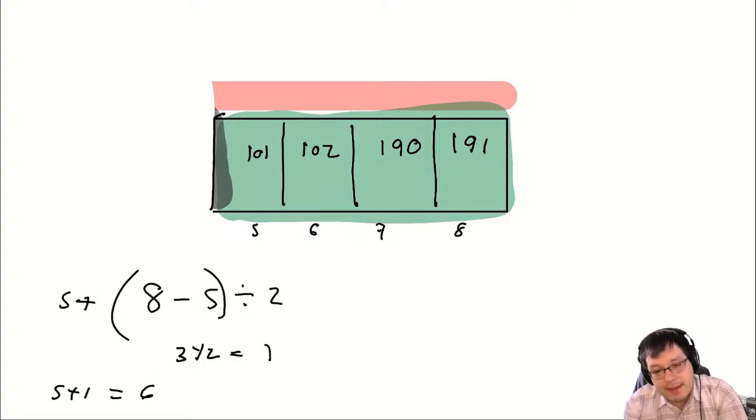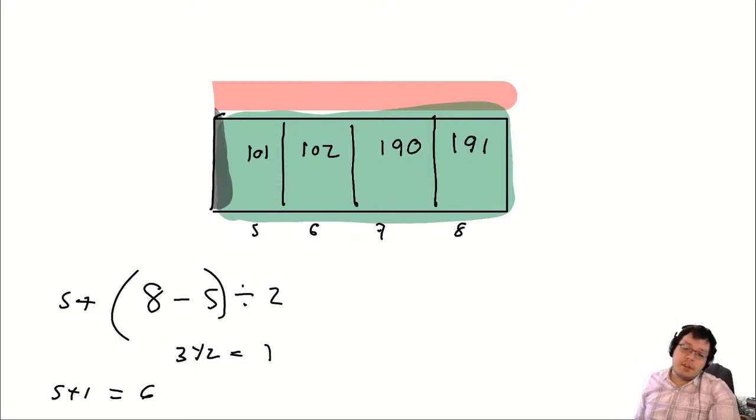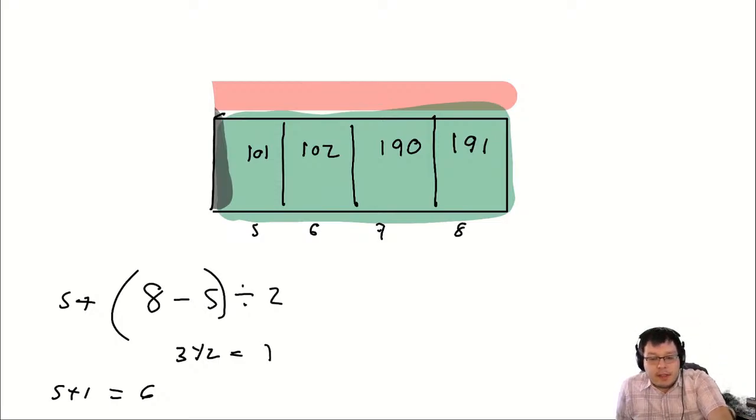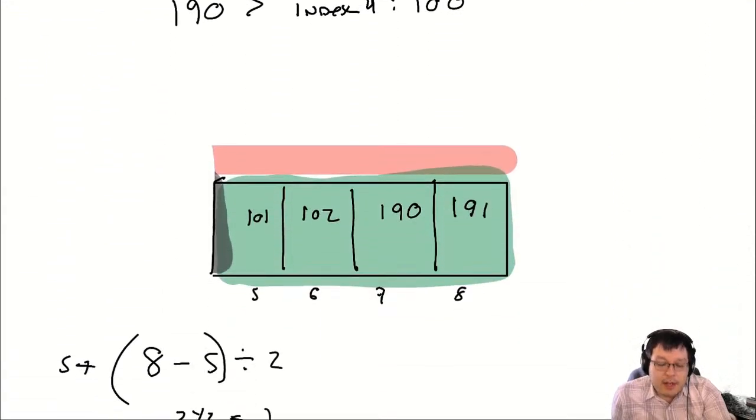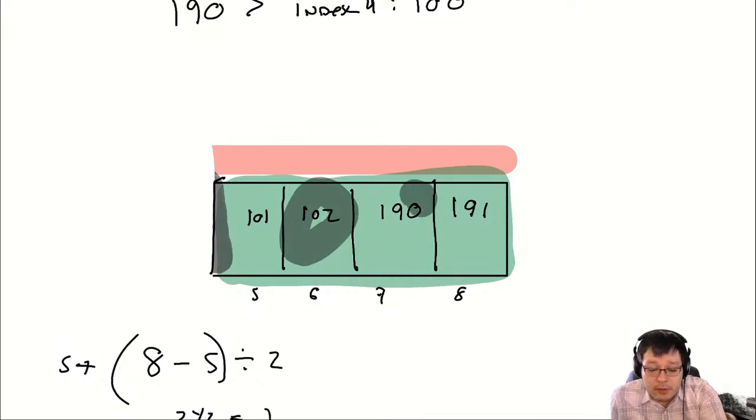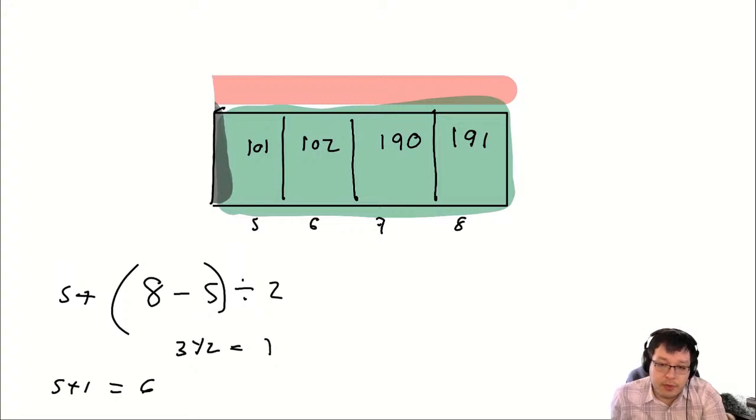This is a situation that's going to happen when things are even size. In the odd size, it's very nice and easy to get a middle, right? But when you have an even number, technically this could be the middle or this could be the middle. You don't want to just look there. You always want to land on a number. And because you always want to land on a number, you just have to decide.